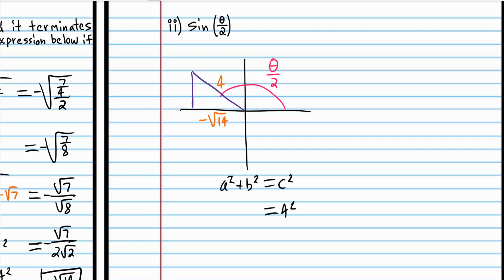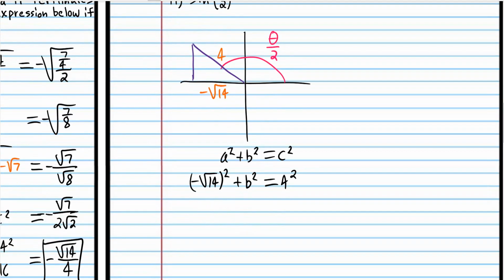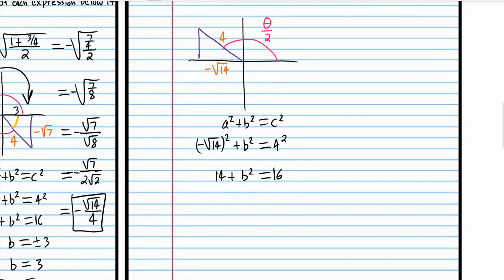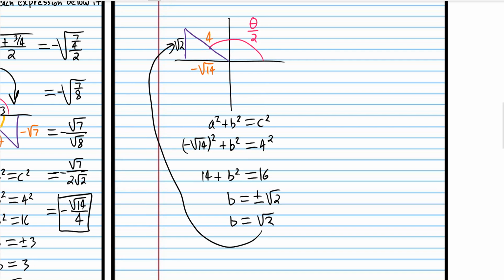So we have 4 squared is equal to b squared plus a squared. And we get 14 plus b squared is equal to 16. And b is equal to plus or minus root 2. But you can see that b has to be positive root 2 because this side up here, you can see just by where the triangle is, it has to be positive.